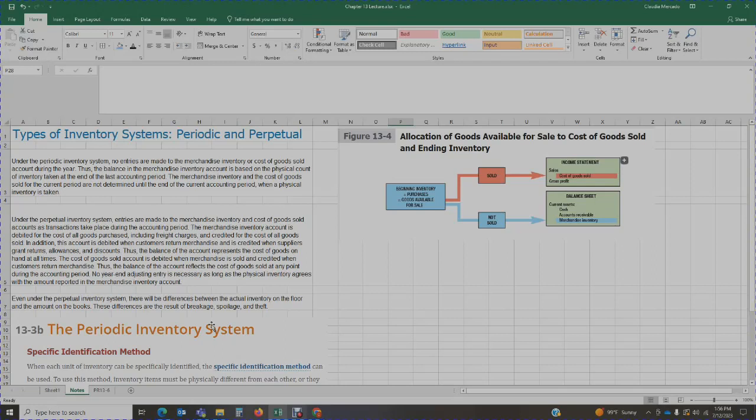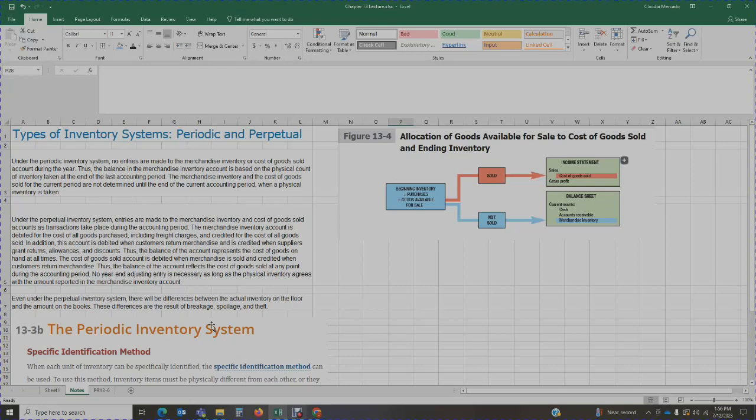Under the perpetual inventory system, this is the type of inventory system that the majority of the businesses use. Entries are made to the merchandise inventory and cost of goods sold account as transactions take place during the accounting period. This provides us with a more effective understanding of how much inventory we have sitting in our warehouses.